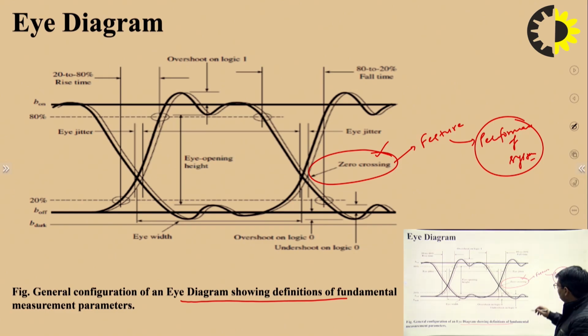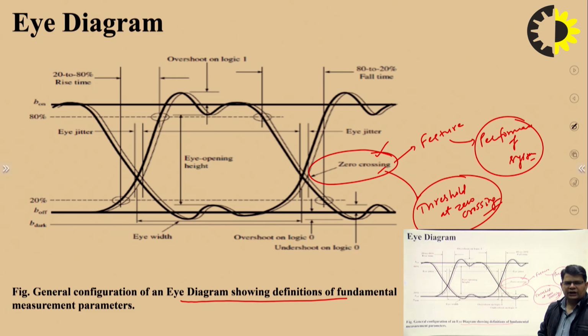This feature basically tells us about the threshold value, the threshold at zero crossing. So simply by analyzing this zero crossing, we can analyze the threshold value.